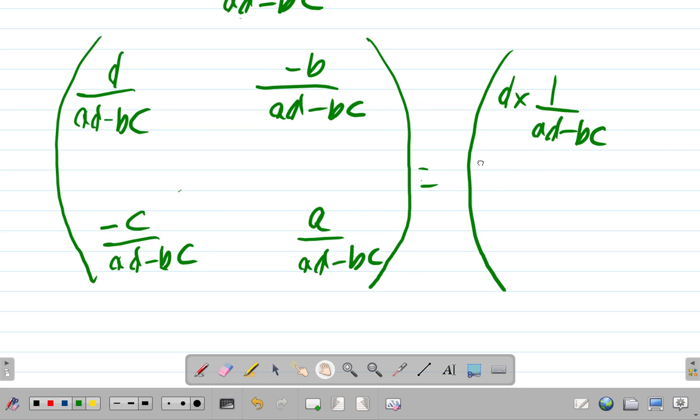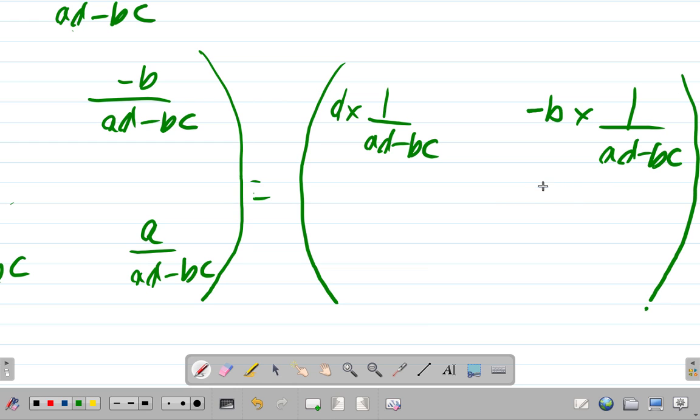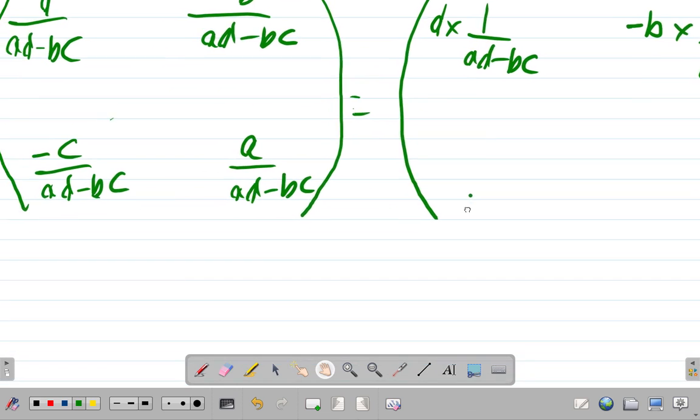The B here, this part would be negative B multiplied by 1 divided by AD minus BC. Remember that? When you divide by a number, it's the same as multiplying by 1 over the number.